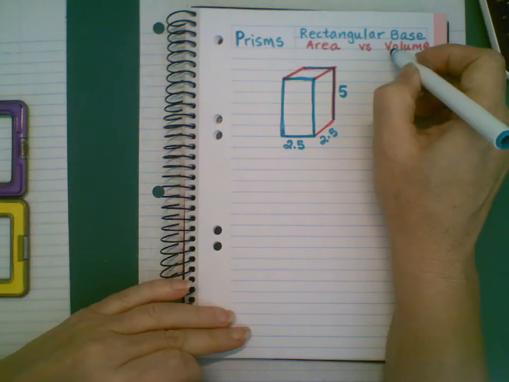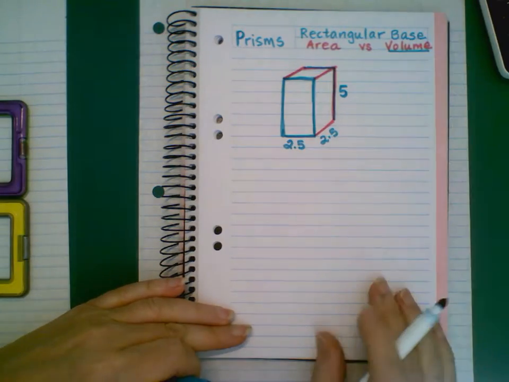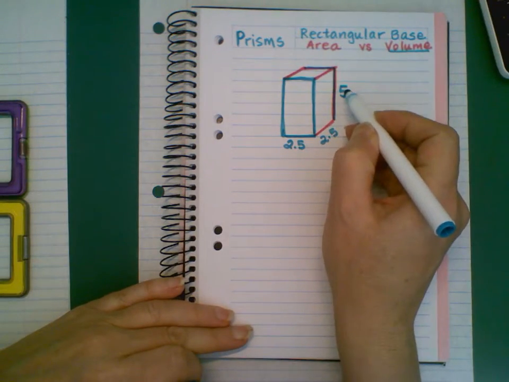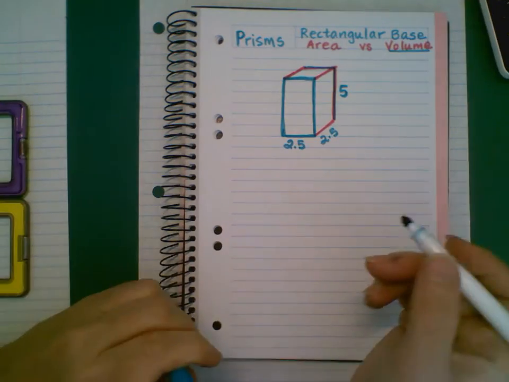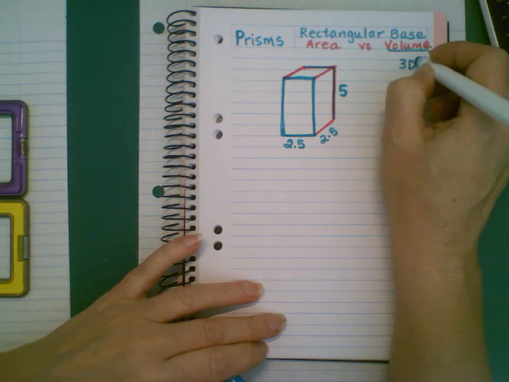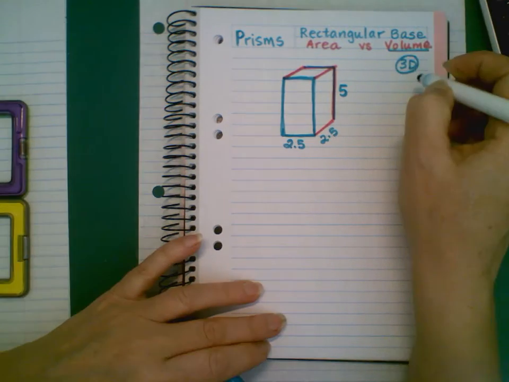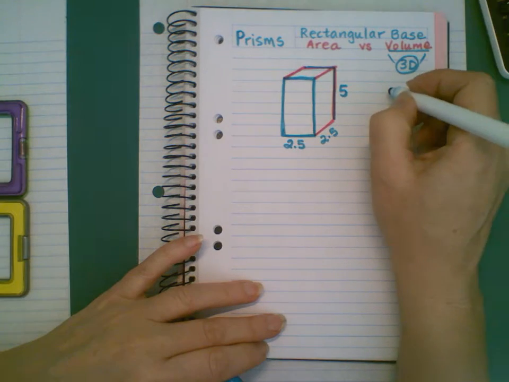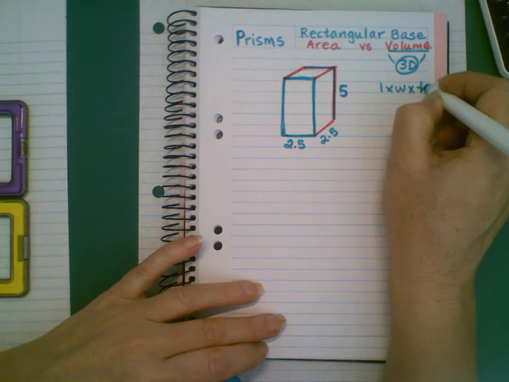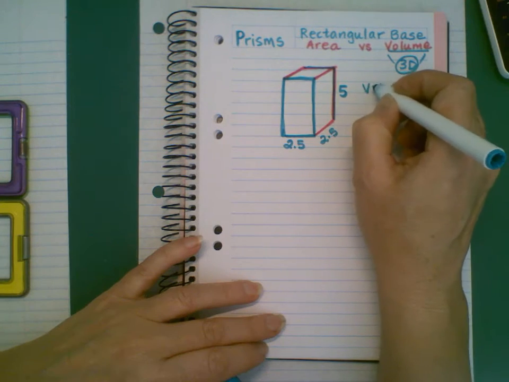So if I were being asked to find the volume of this object, that's 3 dimensions. It's the space contained within it. So I would be taking, in 3D, length times width times height to give me the volume.